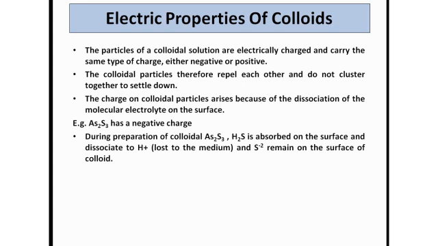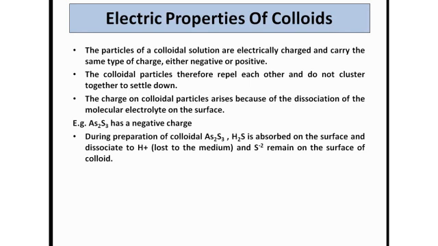This hydrogen sulfide gets adsorbed on the surface of the colloids of arsenic trisulfide, and once this dihydrogen sulfide is adsorbed on the surface, it immediately dissociates the hydrogen, or the proton.